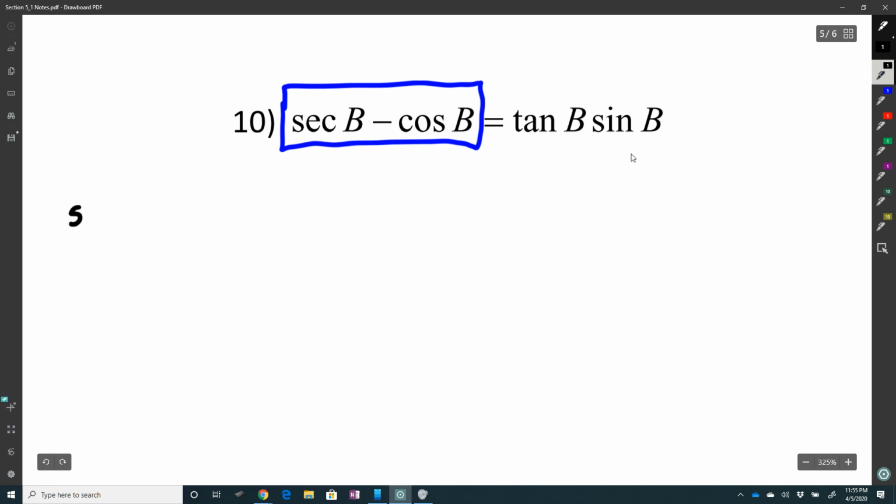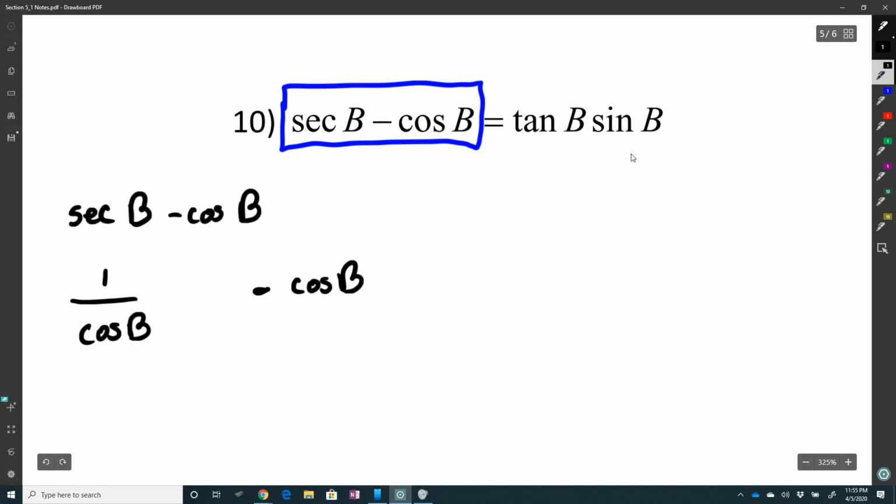So if I have secant of b minus cosine of b, all right, secant is 1 over cosine b. I'm going to give myself some space. Cosine b. Now this is really over 1. And my goal is to get the common denominator.